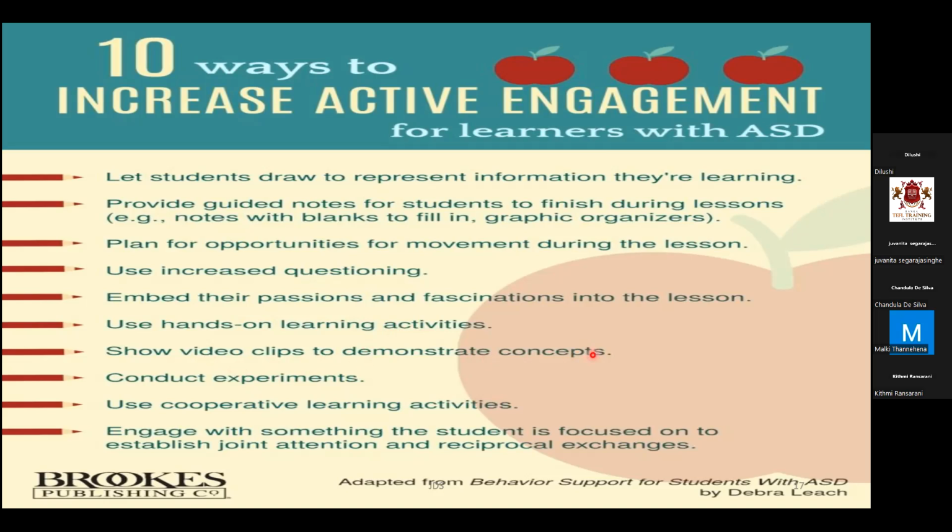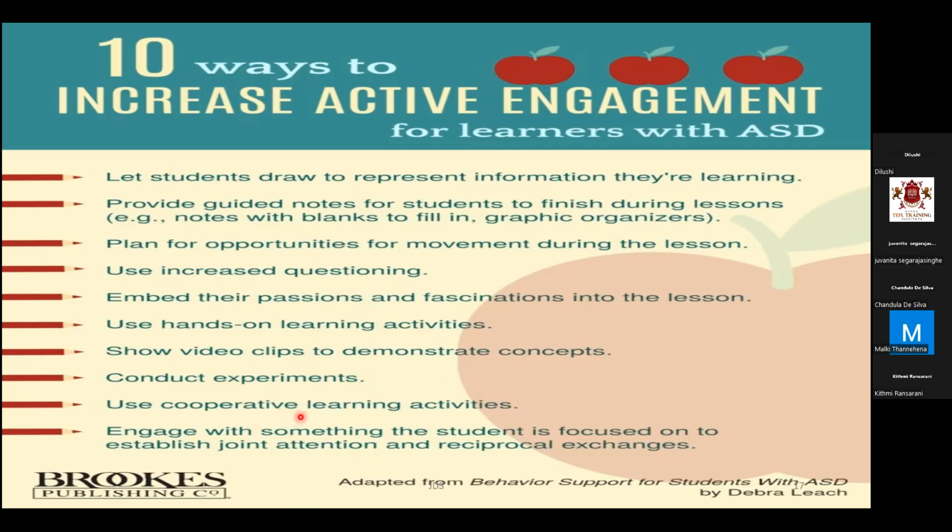Watching video clips, demonstrations, right? So all these mean they are learning something, and at the same time their behavior too is getting shaped. So knowledge and behavior go hand in hand.